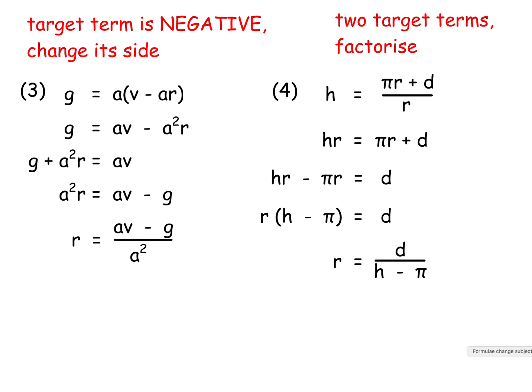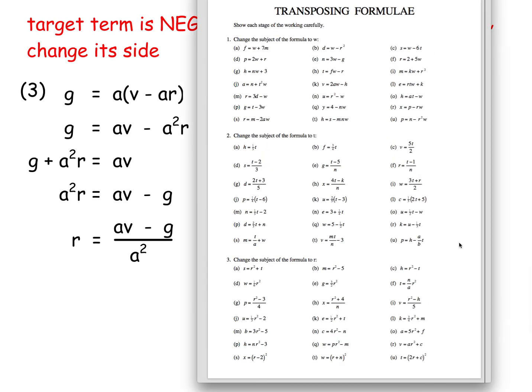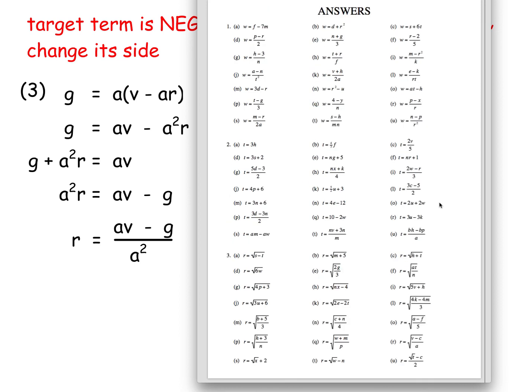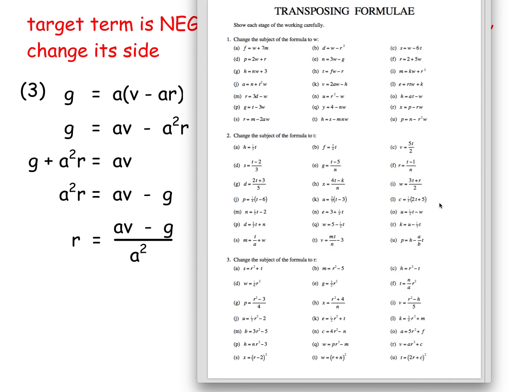There's a worksheet, and essentially notes. If you click the link in the description, you can get access to the worksheet here. It's got dozens and dozens of examples to practice on. So it's 2 pages, and then it's got 2 pages with all the answers. They start off simple, just one move, and then it gradually brings in a wee bit more.